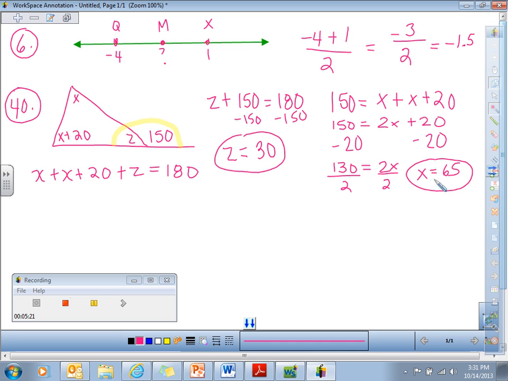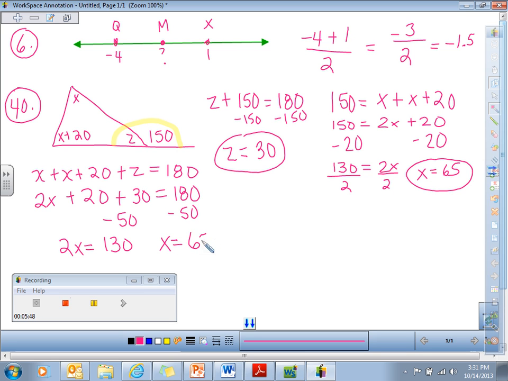So let's say we didn't know what X was, so we'll plug in what we know for Z. We can combine like terms. X plus X is 2X plus 20, and what is Z? 30 is equal to 180. Okay, what's 20 plus 30? Okay, I'm going to go ahead and subtract 50. And so once again, 2X is equal to 130, so X would be 65.